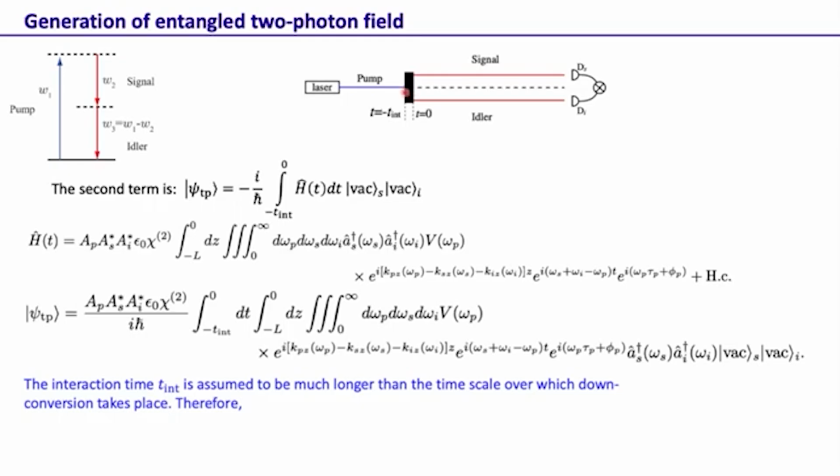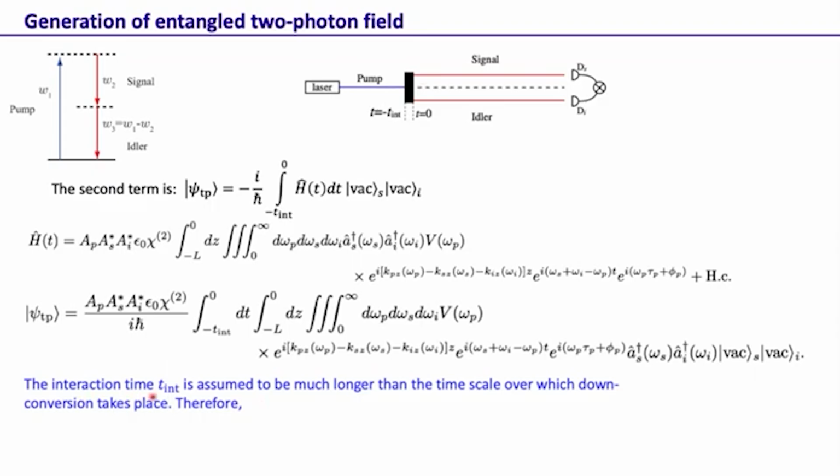So this is not a very long time, but still we assume that the time scale over which the down conversion actually takes place is much shorter, and this is because when the nonlinear medium absorbs this pump photon, it doesn't go to a real state, this is just a virtual metastable state, and the time scale over which the absorption and then the subsequent 2 emissions happen is much smaller than the time it takes for the light to travel through the crystal.